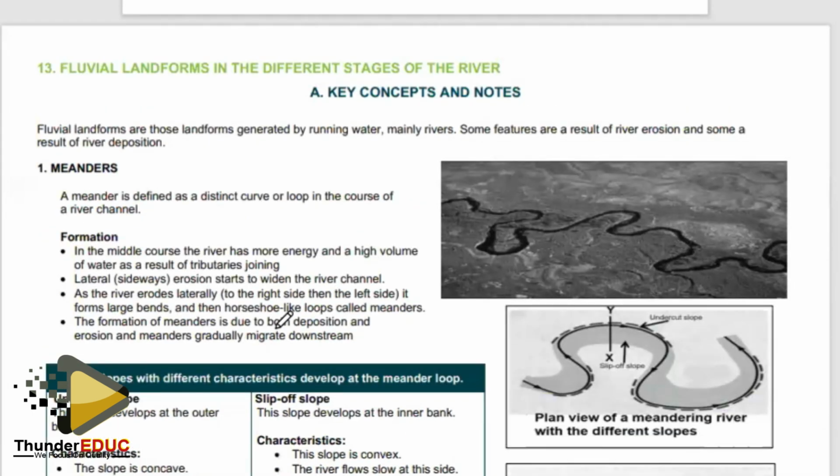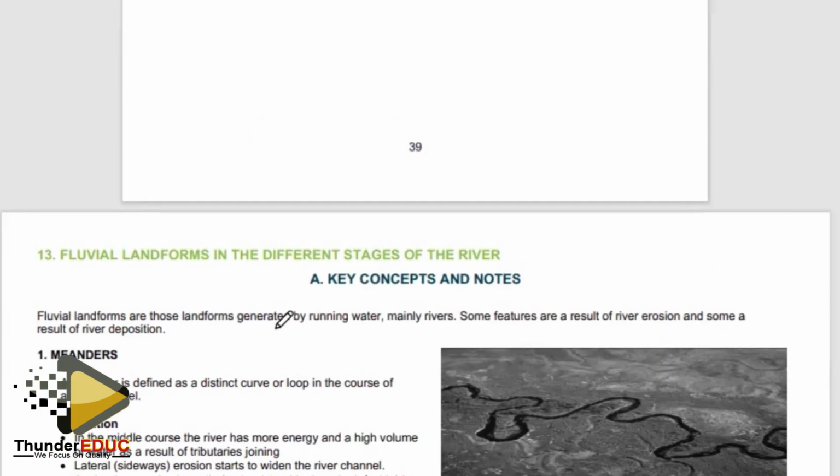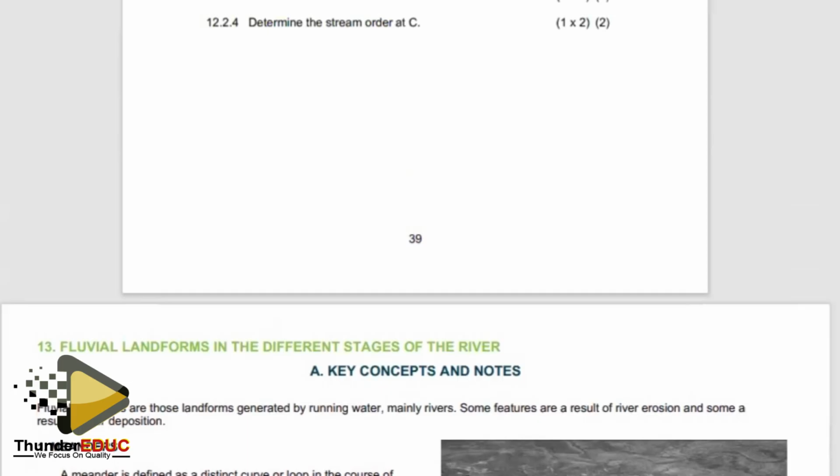Right, I will try to illustrate as quickly as possible so that we have a clear understanding, and also we need to relate some of those concepts to the mapwork part. Right, what are we saying here? We are saying we do have a bend along the river channel. That is what we call a meander.